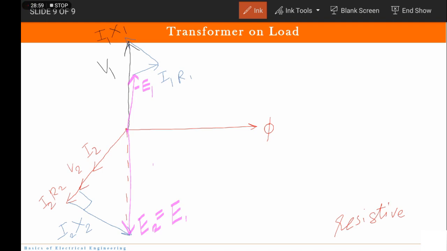Understood? Now the phasor diagram is not complete.